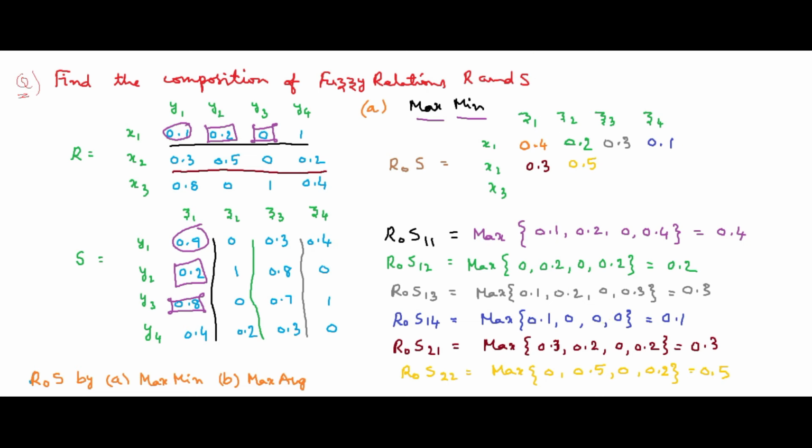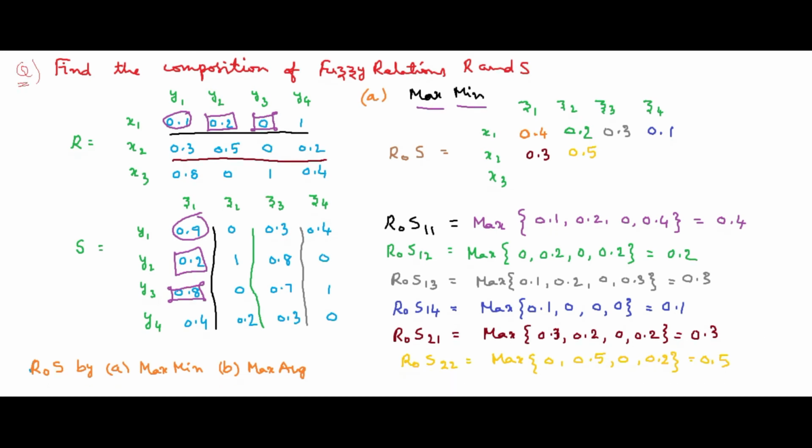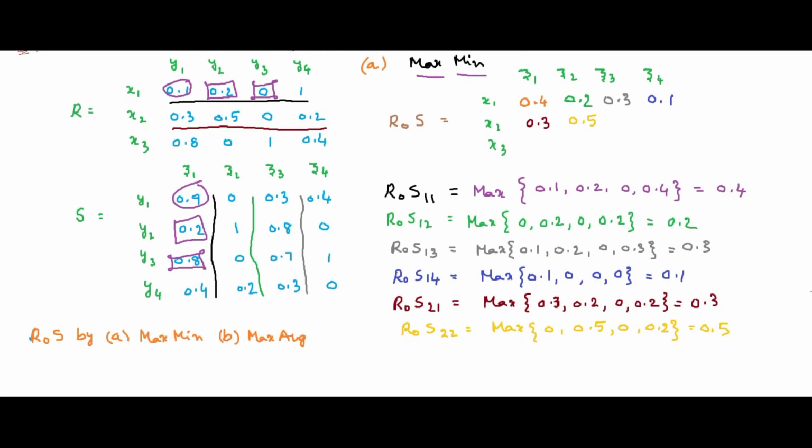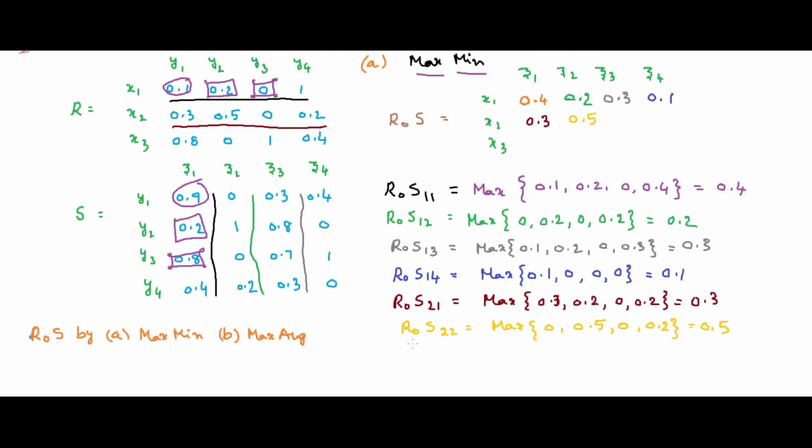So let's move on to the further step. It is ROS of 2 3, which is equal to maximum of minimum of, first we need to find the minimum out of x2 and z3.